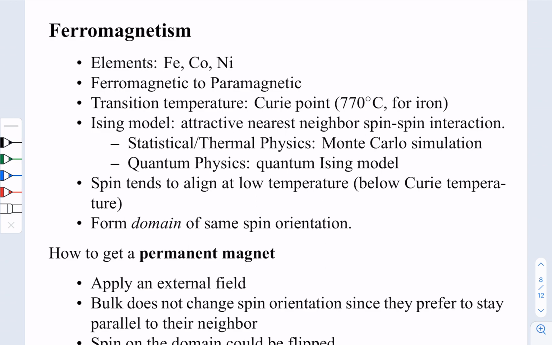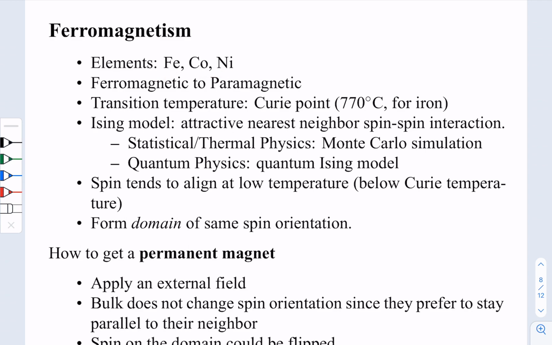And there are 3 elements, iron, cobalt, and nickel, that have very strong ferromagnetism even at room temperature. So in principle, there is a ferromagnetic to paramagnetic transition for these elements, and the transition temperature is called the Curie point, and it's an extremely high temperature for these 3 materials.